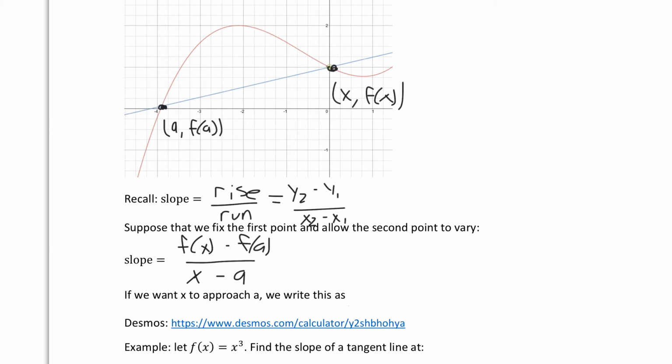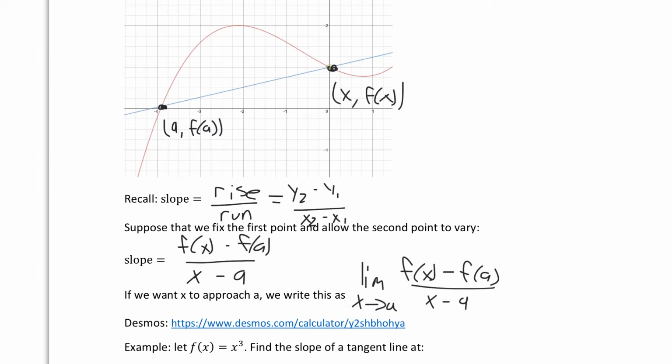Now, like we mentioned in the Desmos animation, we want this point to get really close here. In other words, we want the x value to approach a. So if we're going to use a limit, we could write this as the limit as x approaches a of f of x minus f of a over x minus a.